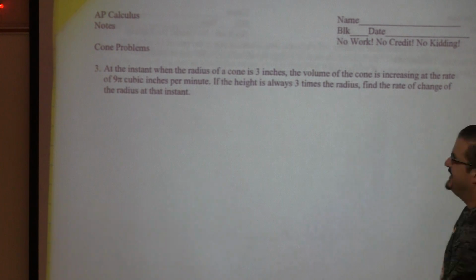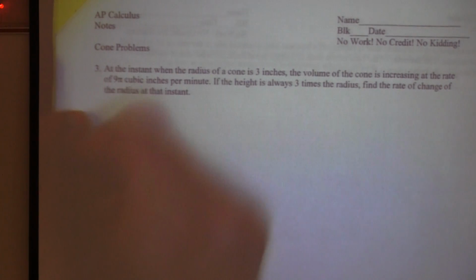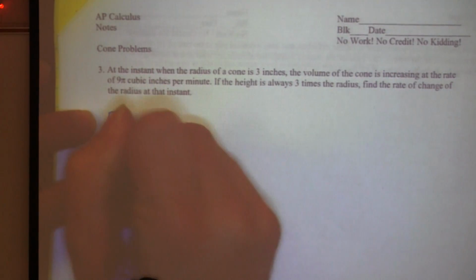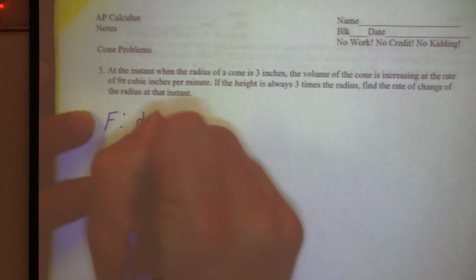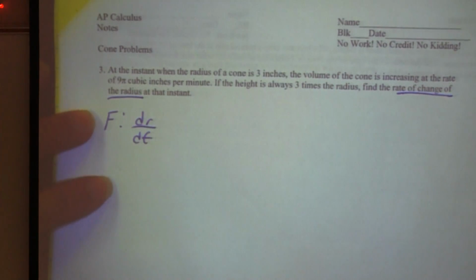So let's see here. At the instant when the radius of a cone is 3 inches, the volume of the cone is increasing at a rate of 9 pi cubic inches per minute. If the height is always 3 times the radius, find the rate of change of the radius at that instant. Okay, so what are we trying to find? dr/dt, the rate of change of the radius.